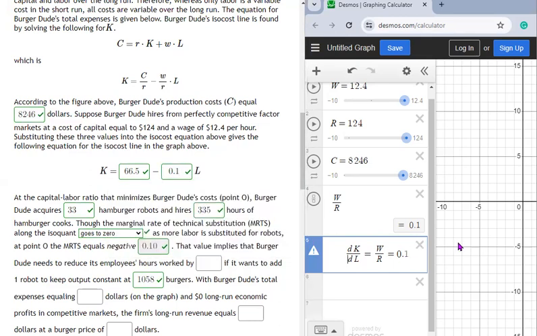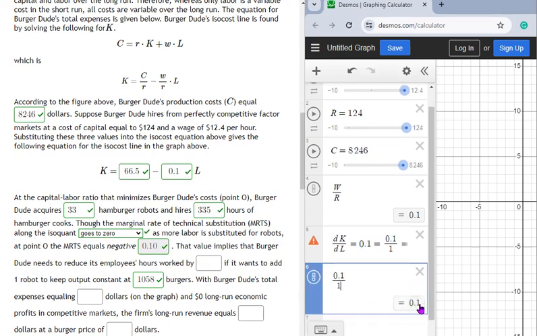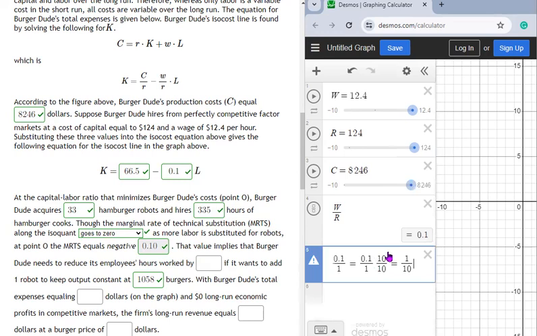Okay, so because the slope has two parts, a change in capital over a change in L, and our value only has one component, I'm going to write the 0.1 as 0.1 over 1. So 0.1 divided by 1 is still 0.1, right? That's just a little trick.